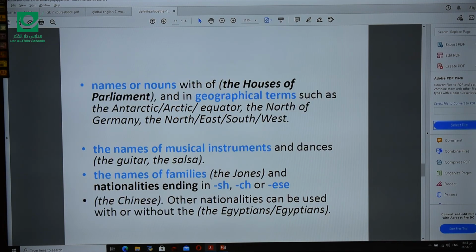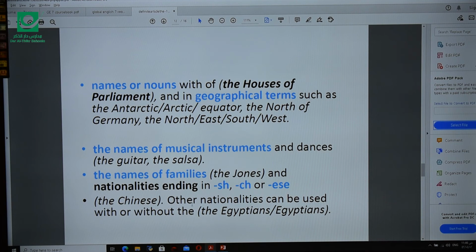We use the here before names like the houses of, or when we say the north, the east, the west. We use the before musical instruments, like the piano, the guitar, and before the names of families, like when I say the Johns, the Imams, for example.